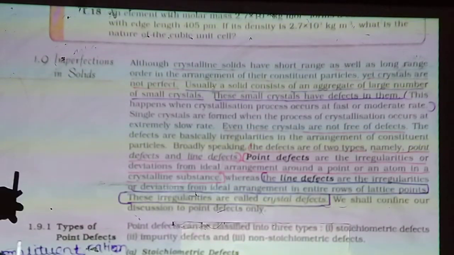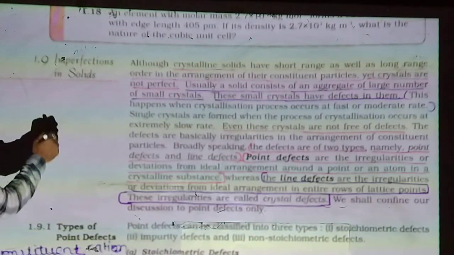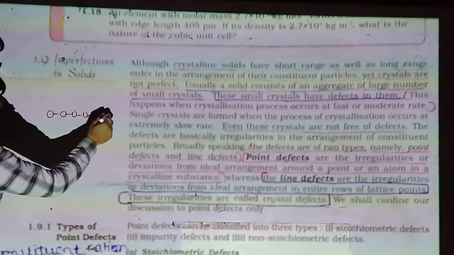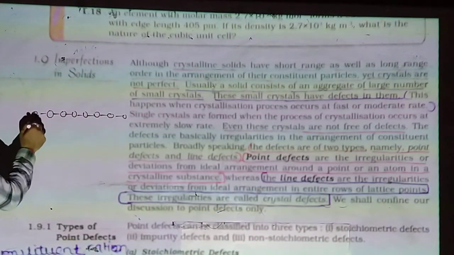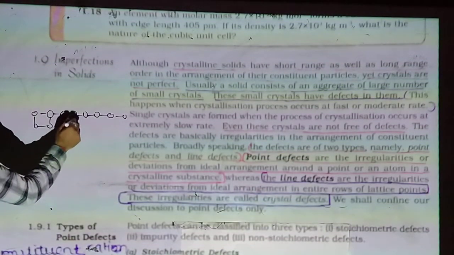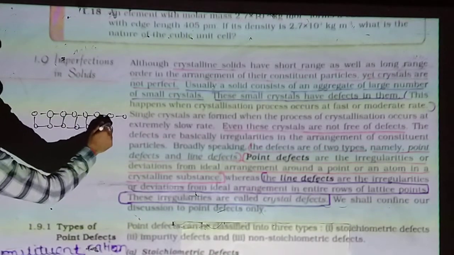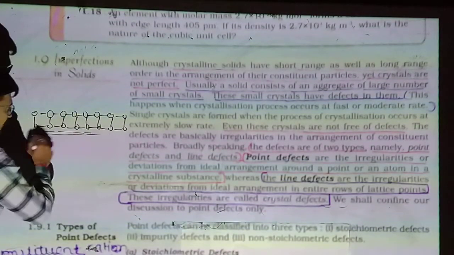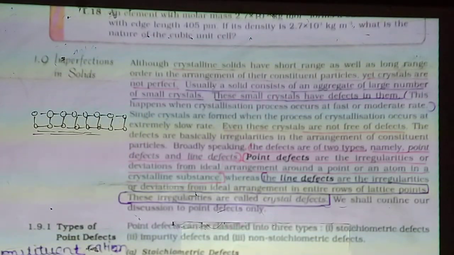Although crystalline solids have short range as well as long range order in the arrangement of their constituent particles, in a crystal the constituent particles are arranged regularly over long distances.